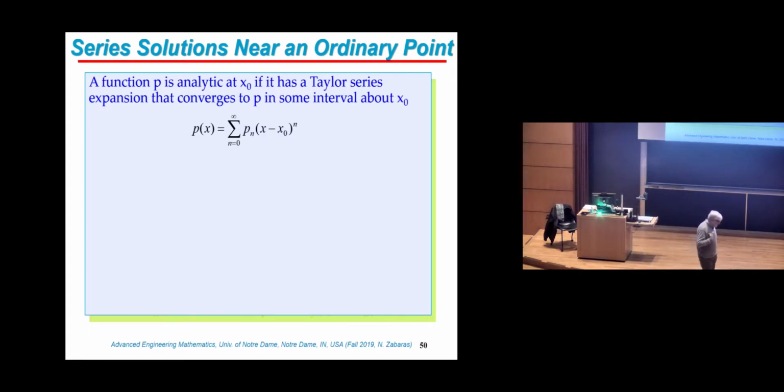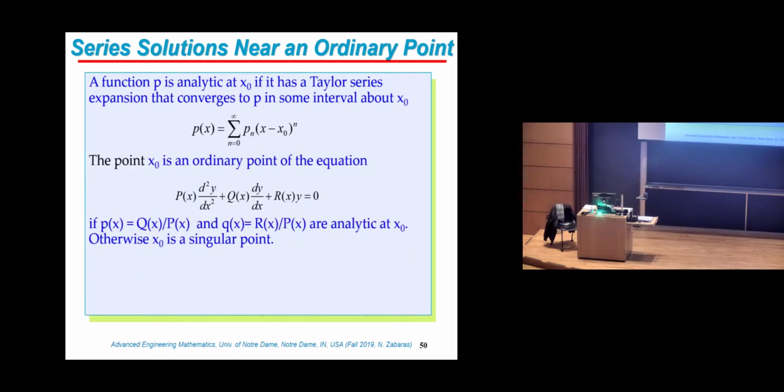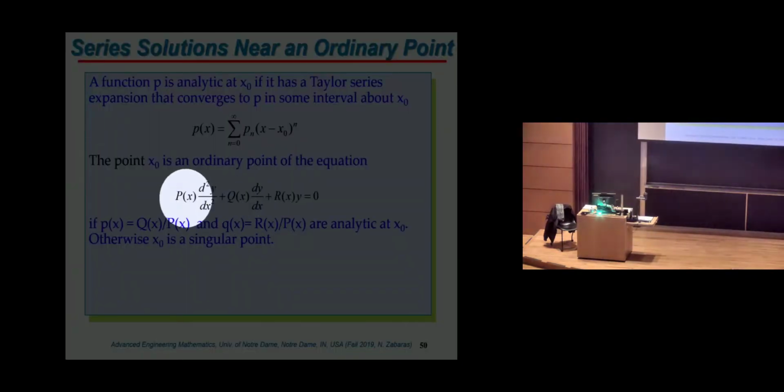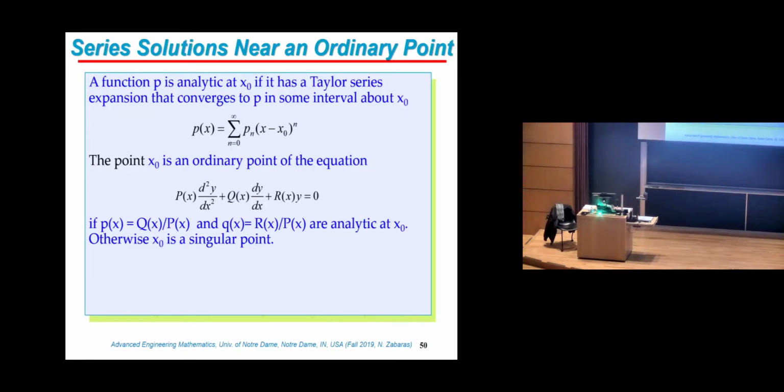So again, this was a simple problem, and the coefficients were really polynomials. But we can expand these ideas to any sort of equation like that, and discuss the situations where we have ordinary points, or points where p of x is not equal to 0. I would like to give you a formal definition of what an ordinary point means.